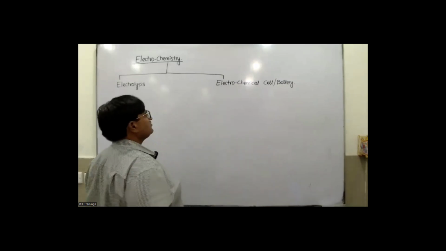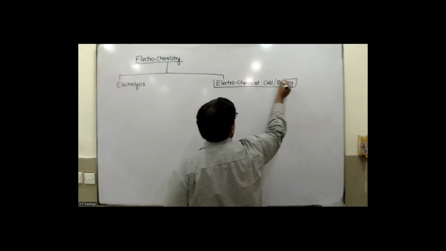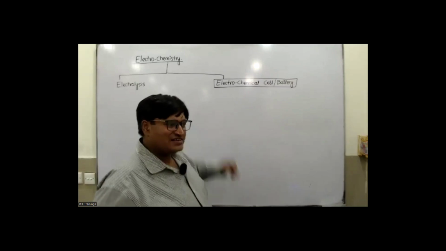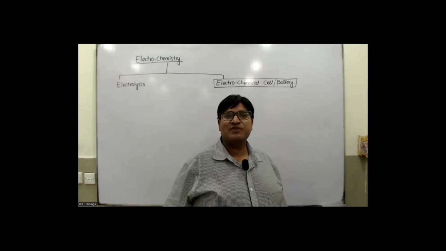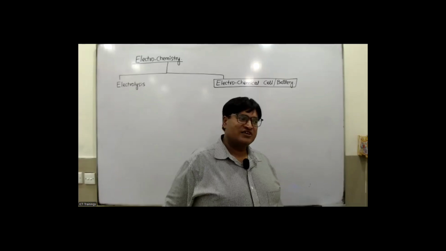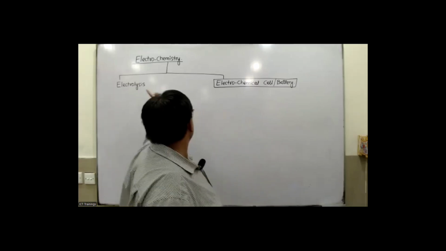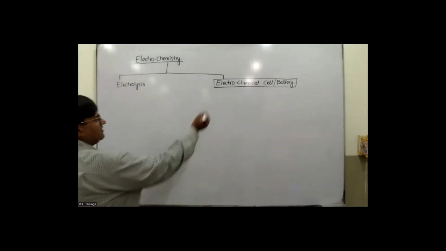In your A2 chemistry, we are mainly focused on the electrochemical cell. The electrolysis part is exactly the same as what you have done in your O levels. The inert electrolysis and reactive electrolysis you studied in O levels, you can study it one time and you will get it. But we will do that later. First of all, we are going to start with the electrochemical cell.